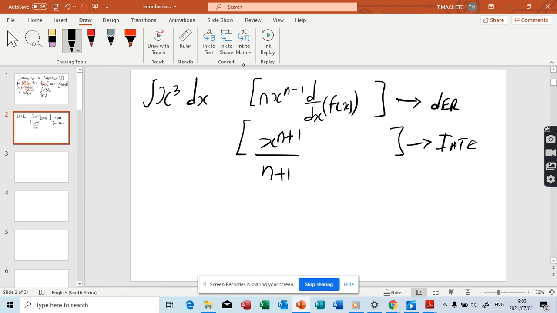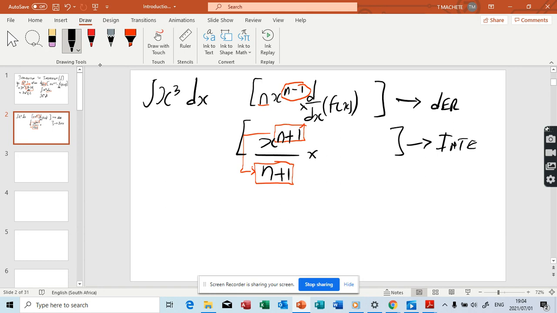So basically, instead of subtracting here, you add. And then for this one, you don't multiply by n, you divide by the exponent. So basically you add 1, then from there you divide by the exponent. You bring this exponent down. Then, like I said, remember here you're multiplying by d over dx.